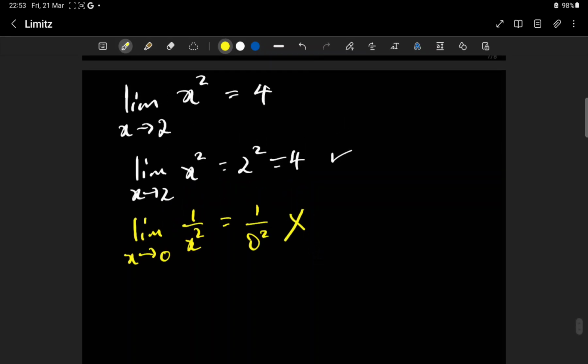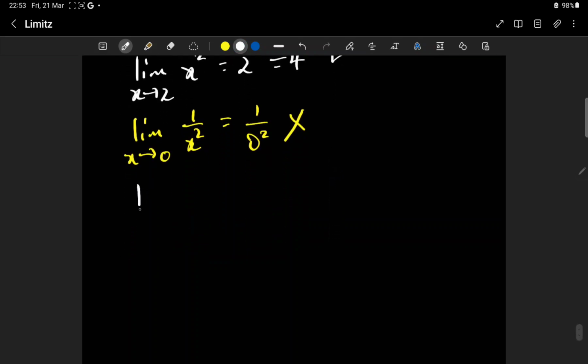And now this actually brings us to what we actually mean when we talk about a limit. I'm going to go back to this example of the limit as x tends to 2 of x squared.